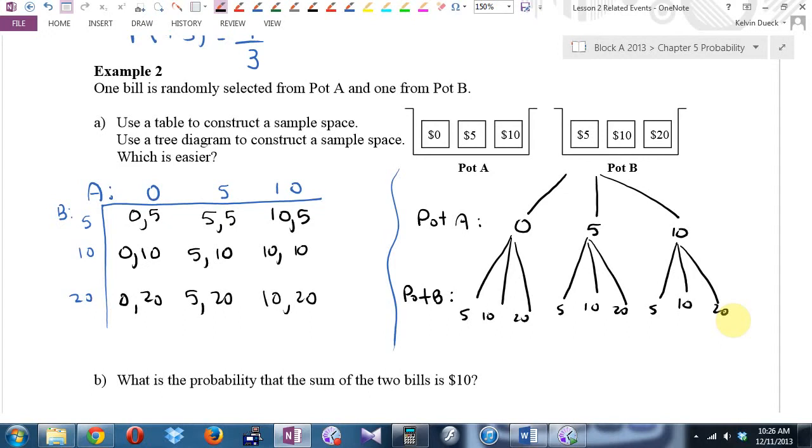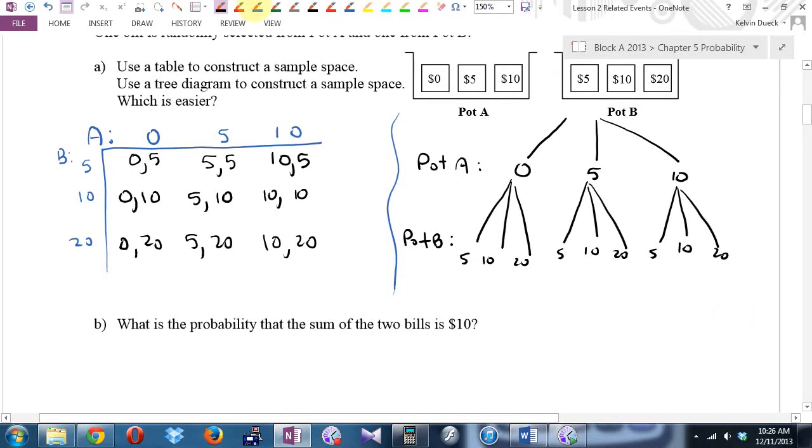Now that we have our sample space, we can answer B. Roy, can you read B to me, please, my friend? Okay, so I'm going to write probability that the sum equals 10.